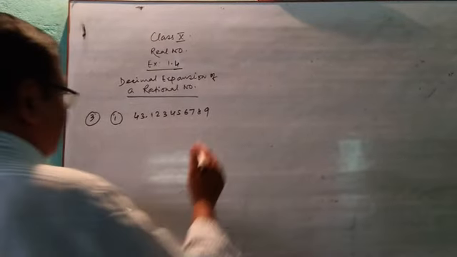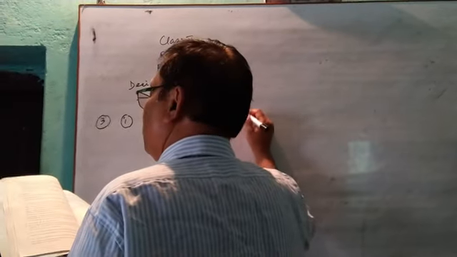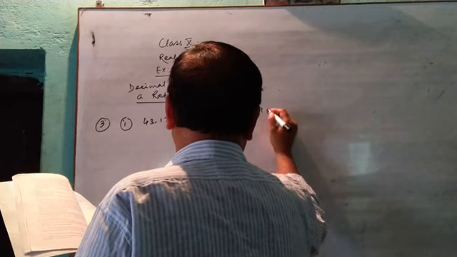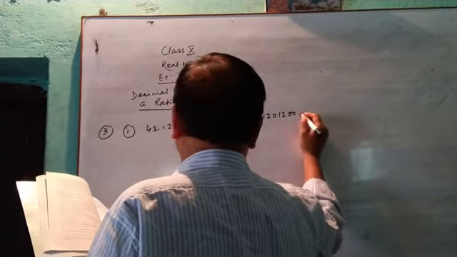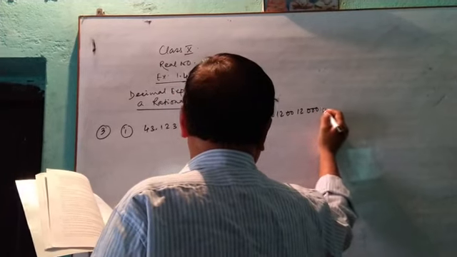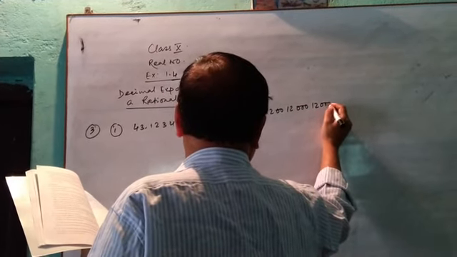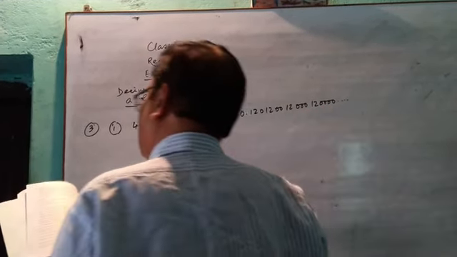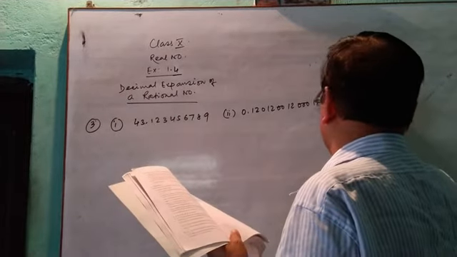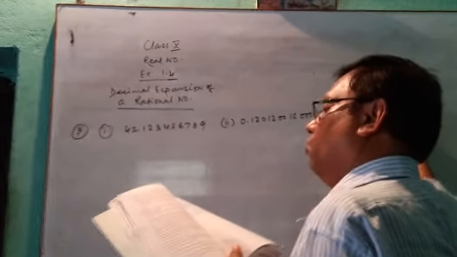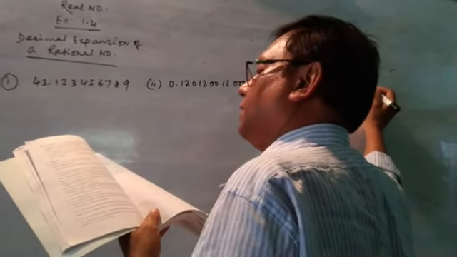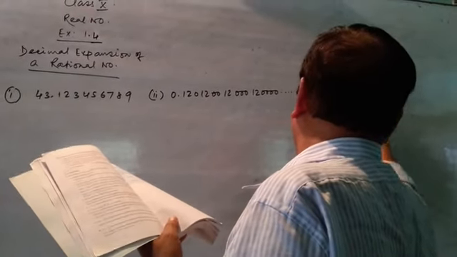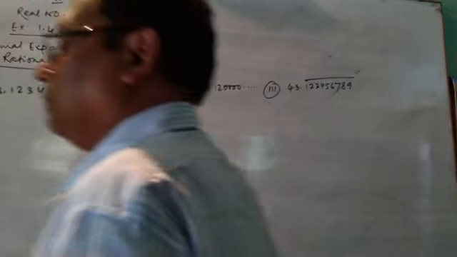The first one is this one. Let me write the second one also so that we can compare the result: 0.120120012000120000... And the third one is 43.123456789 with the 789 recurring over it.